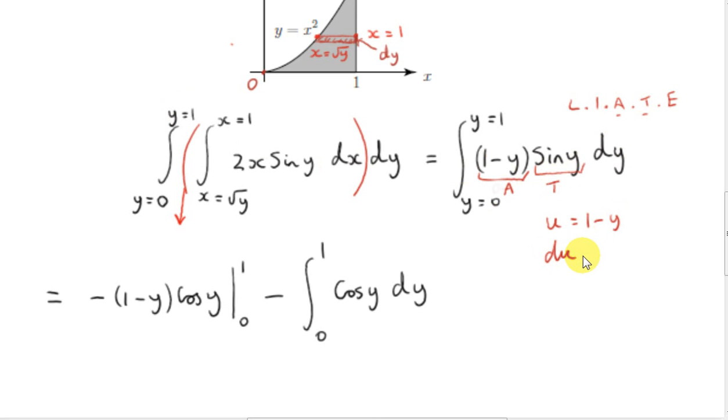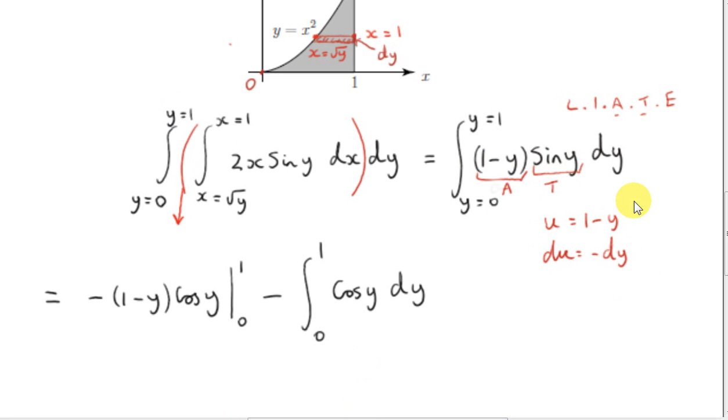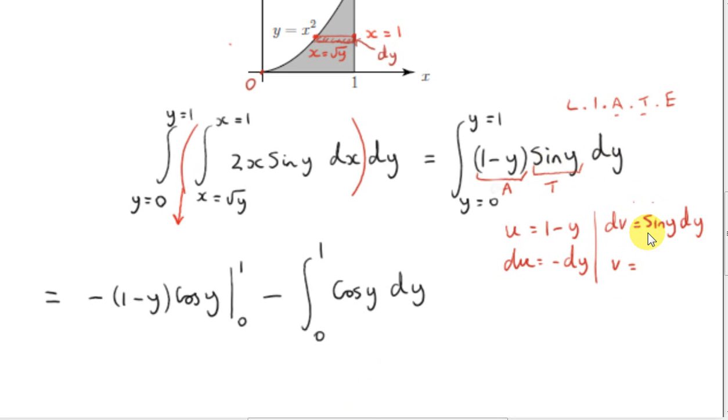So du is equal to minus dy, and dv then is sine y dy. So to get v, we integrate sine y with respect to y, and the integral of the sine function is minus cos.